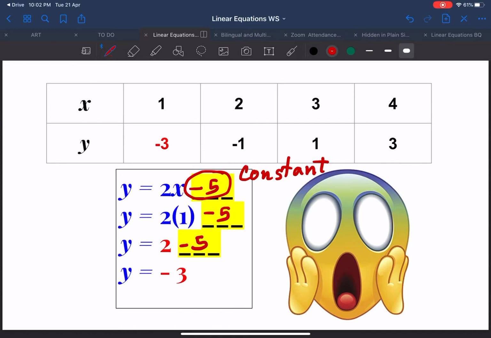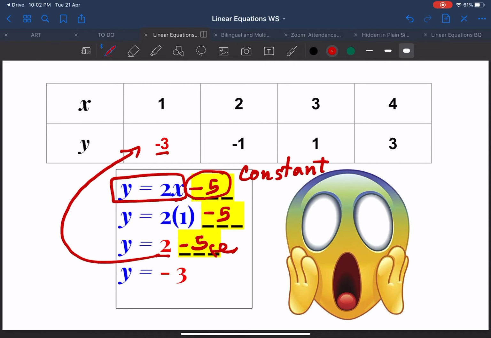How did we get the constant? It's trial and error. So you start off with your basic equation and then you solve it and compare it to the value in the table. If it's not the same, you need to solve for the constant. What will make it equal to whatever value is in the y table?